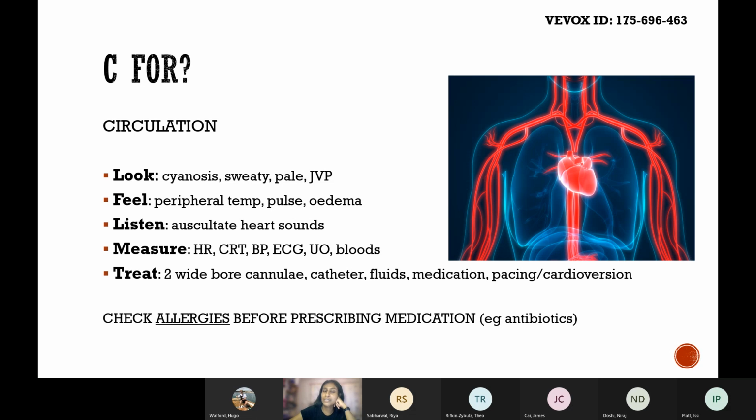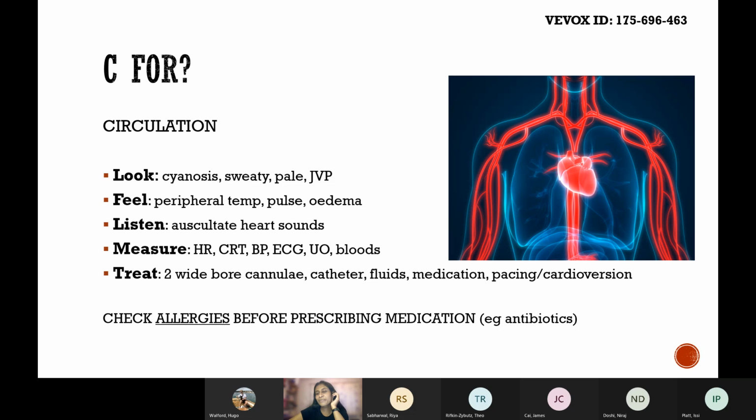So I think circulation is really the hardest one that I found to remember because there's a very long list compared to the other sections. So what measurements are you going to want at this point? Blood pressure, excellent. ECG, perfect. Thank you, Theo and Ria.